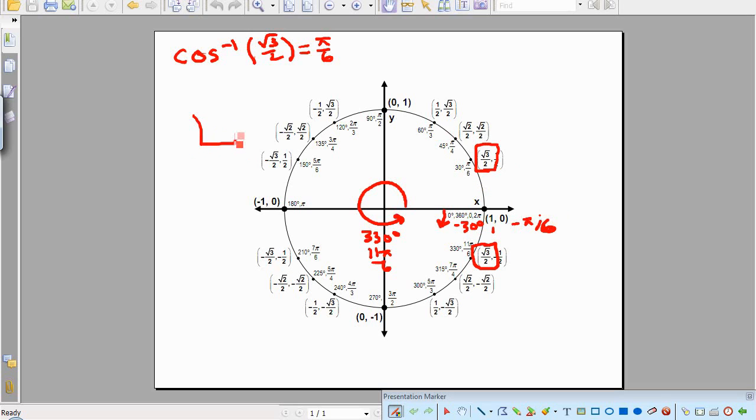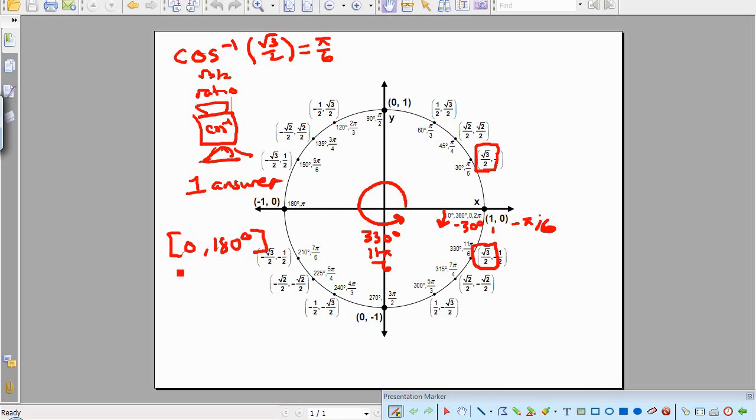But there are many answers, but when it comes to a cosine inverse function, if you put in the ratio of radical 3 over 2, you're only allowed to have one answer. And that one answer has to fall between 0 and 180 degrees.